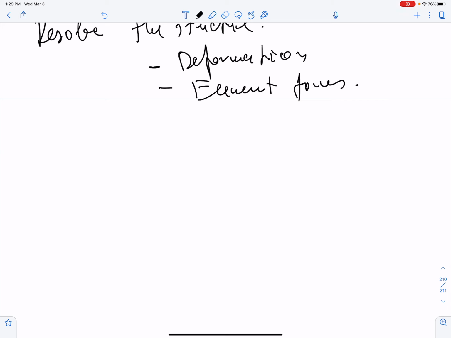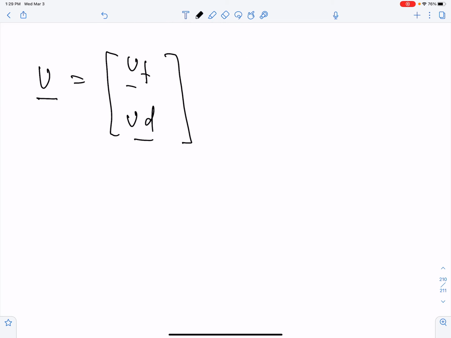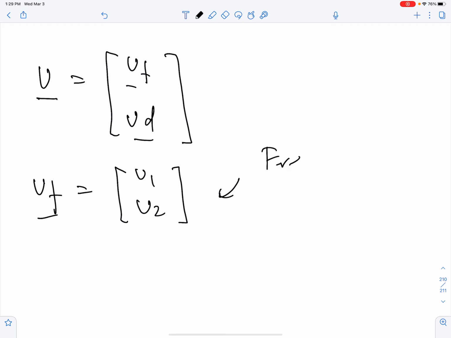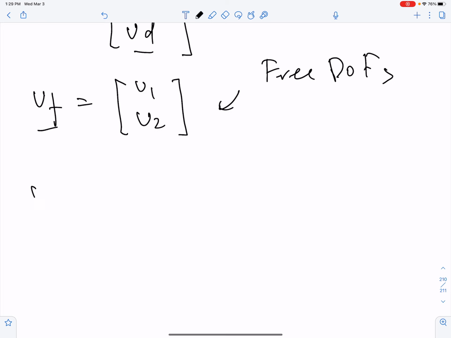All right. So then what do we know? U is comprised of two parts, UF and UD. UF are our displacement unknowns, U1 and U2. These are free DOFs. This is what you're going to find.